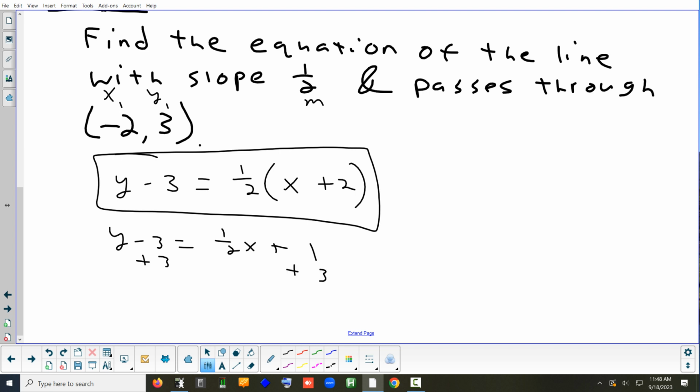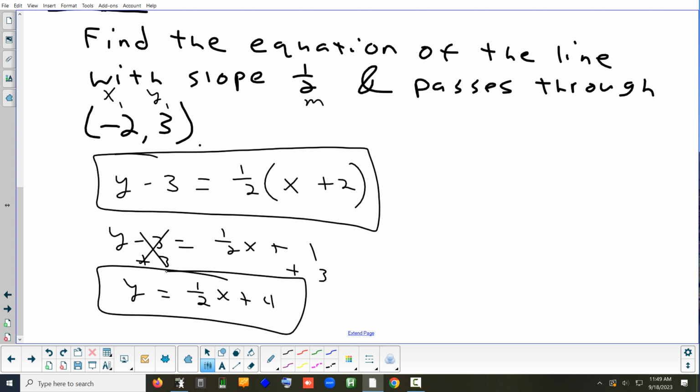So what would this be in y equals mx plus b? Equals 1/2 x plus 4. Yep. So what's in the boxes are exactly the same answers. It's just a matter if they want point slope or slope intercept. Okay, any questions on that one?